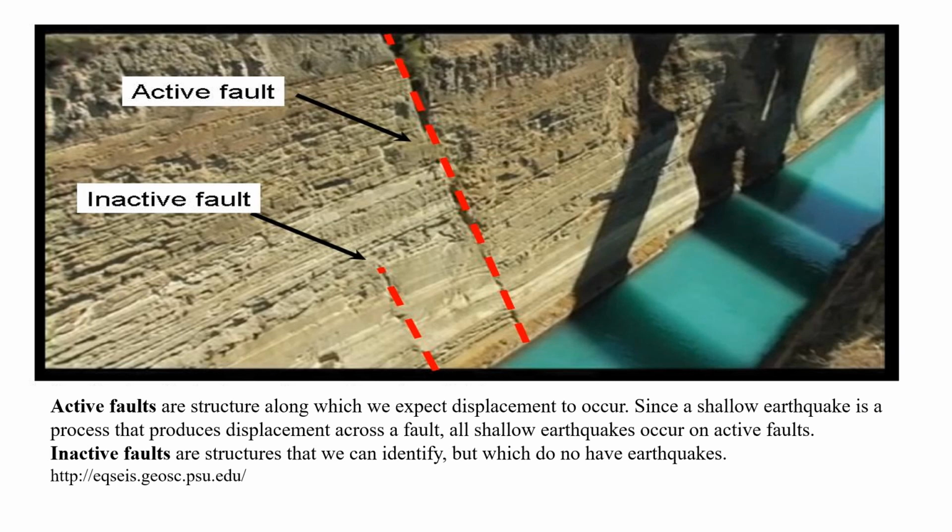So sa madaling salita, in other words, active faults are faults that have the capacity to produce earthquake, or the capacity of displacement. Ibig sabihin, may kakayahan silang gumalaw sooner or later. While inactive faults are former active faults na hindi na gumalaw. Pwede natin silang makita as crack, pero they do not have the capacity to move.